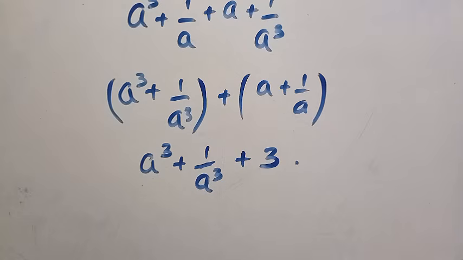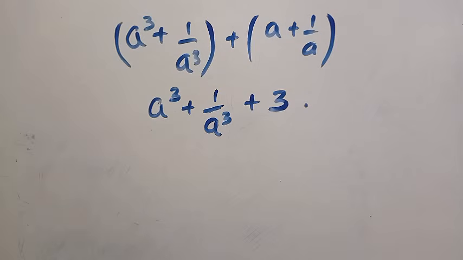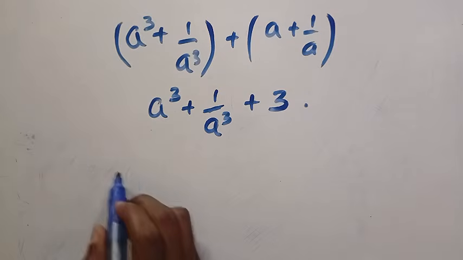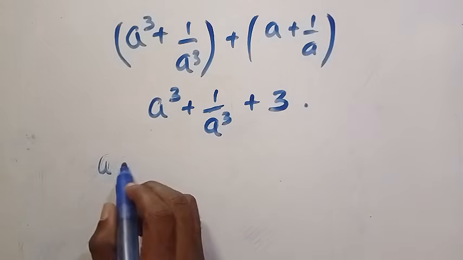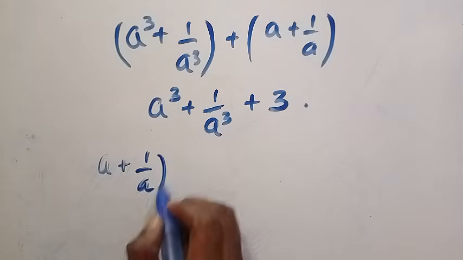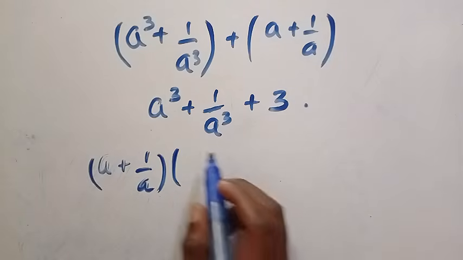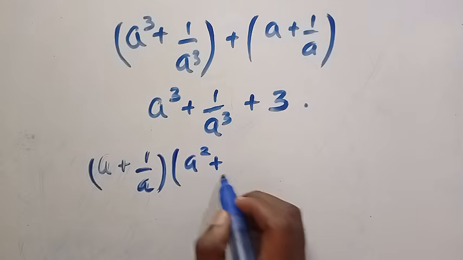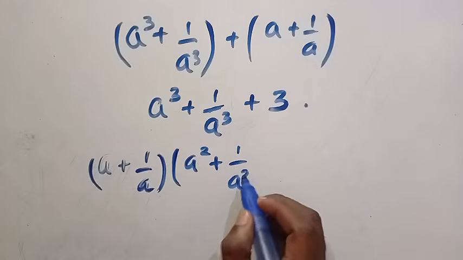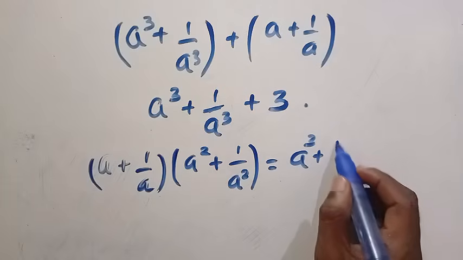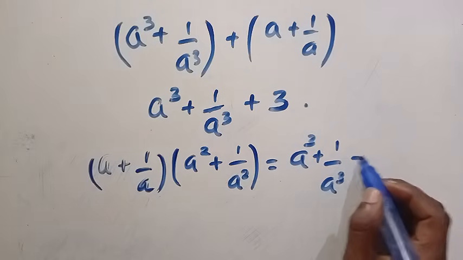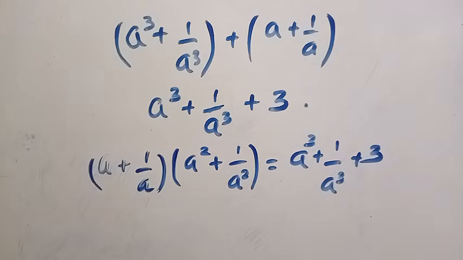So the next step we are going to take: from the left hand side, we multiply a plus 1 divided by a together with a squared plus 1 over a squared, and the result gives us a cubed plus 1 over a cubed plus 3.